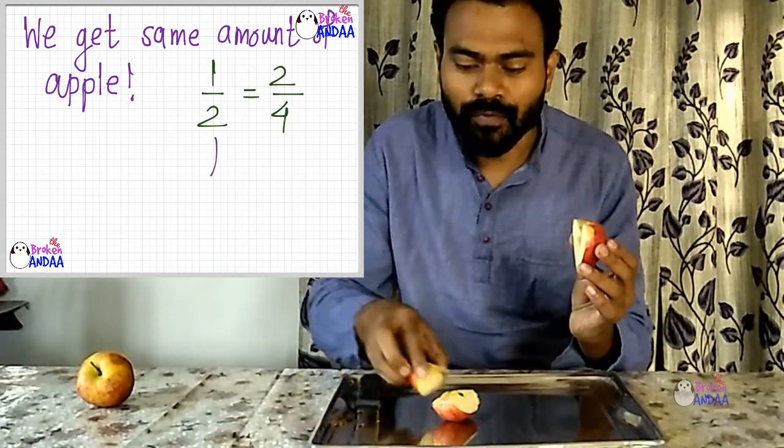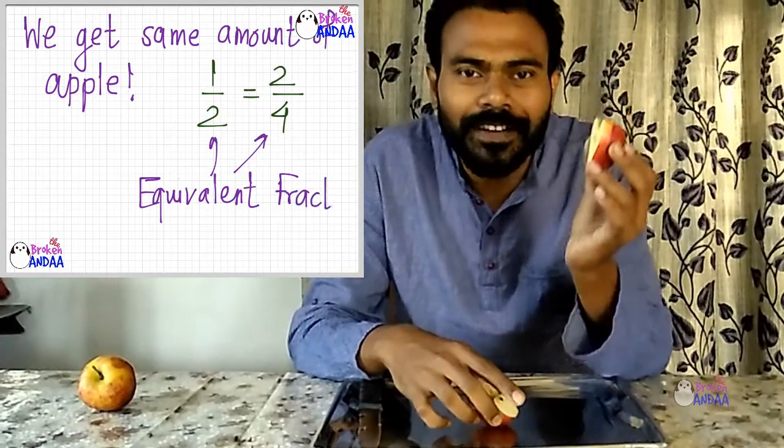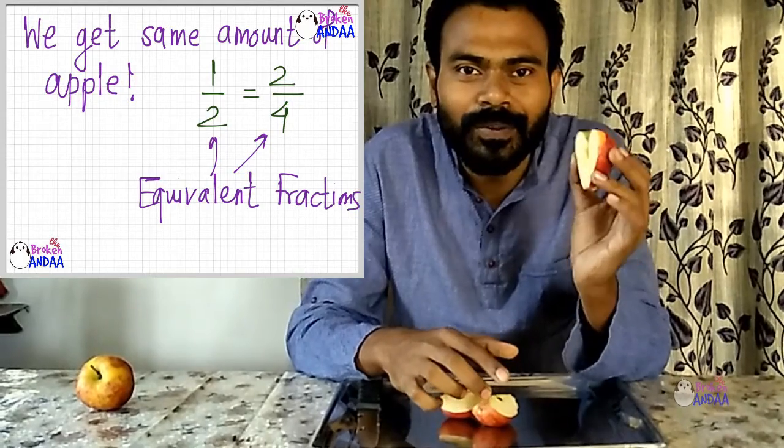This is 2 divided by 4, right? And as you can see, this 2 divided by 4 is equal to 1 divided by 2. I have the same apple, right? So 1 divided by 2 and 2 divided by 4 are actually the same amount of apple. These two fractions will be called equivalent fractions.